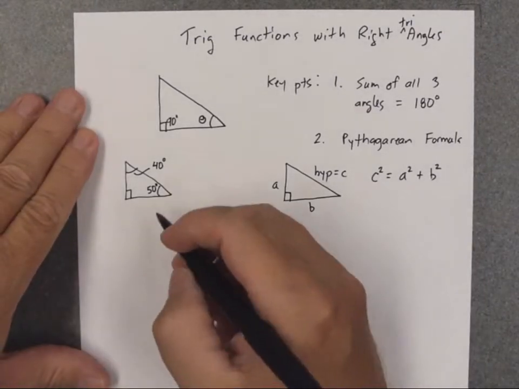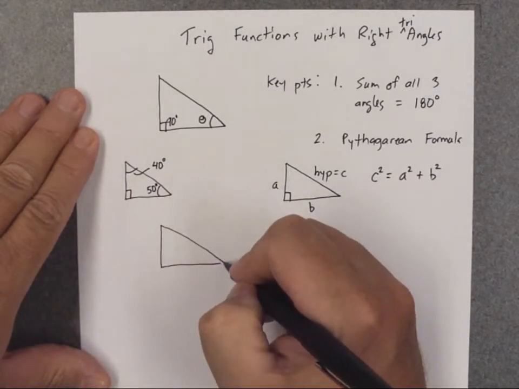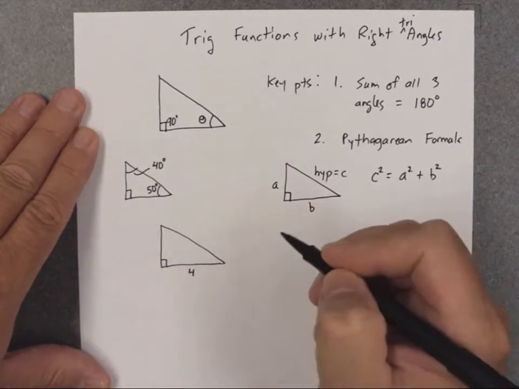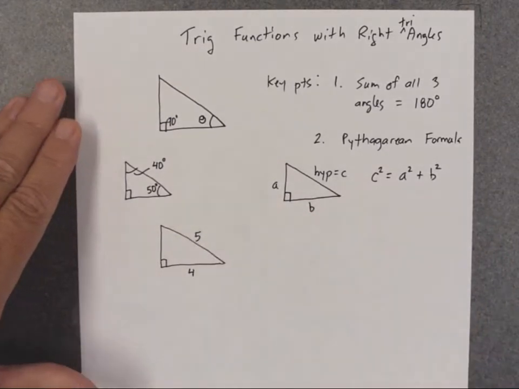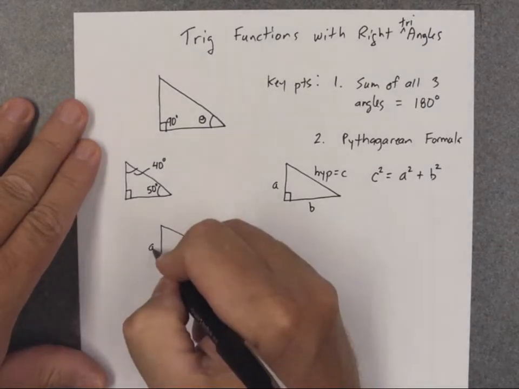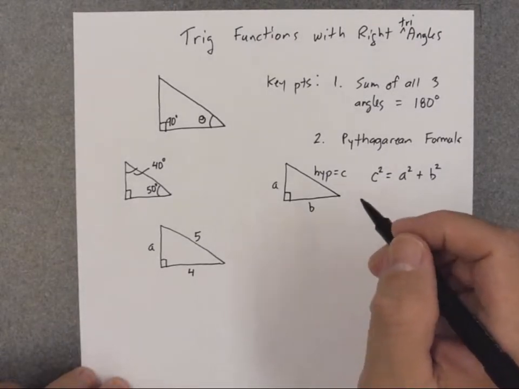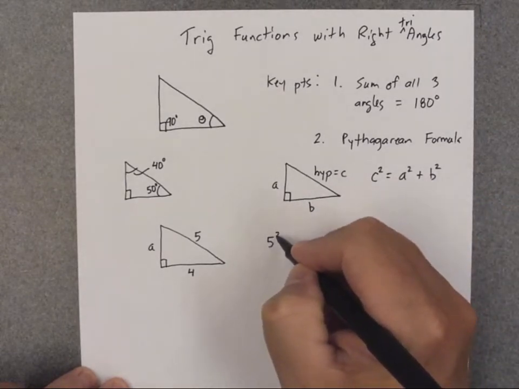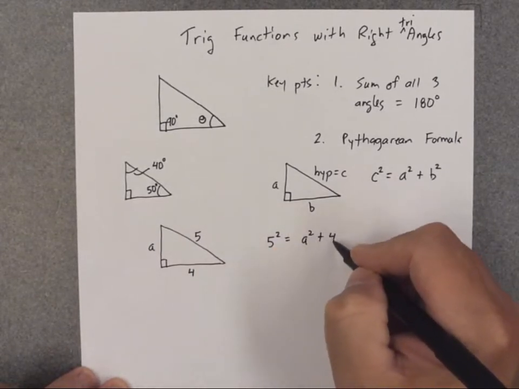And for the Pythagorean formula, a quick example. Say, for instance, we know the length of this leg is 4, and just say the hypotenuse is 5. We don't know the length of the side A, but since this is a right triangle, the Pythagorean formula says hypotenuse squared equals one of the legs squared plus the other leg squared.